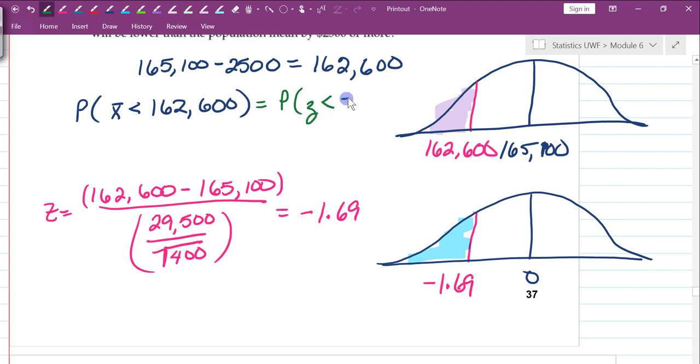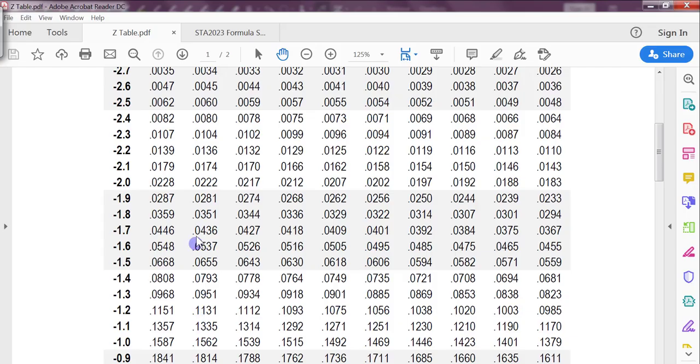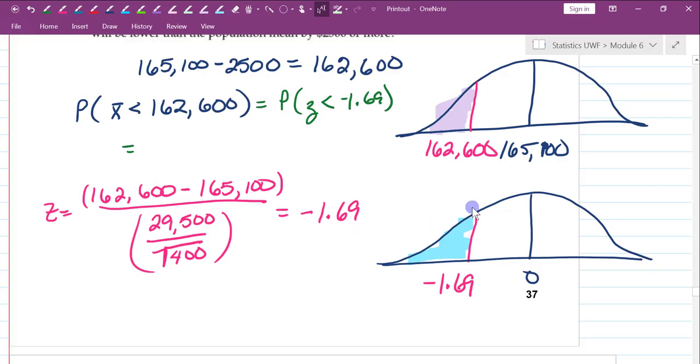And we can look that up in our table. 1.69. So it's 455, so that is equal to 0.0455.